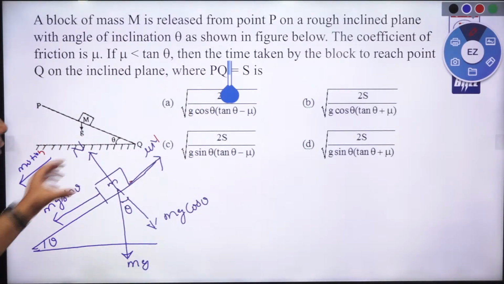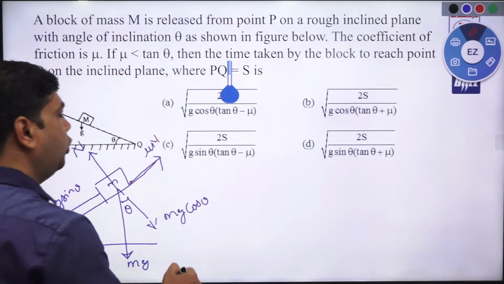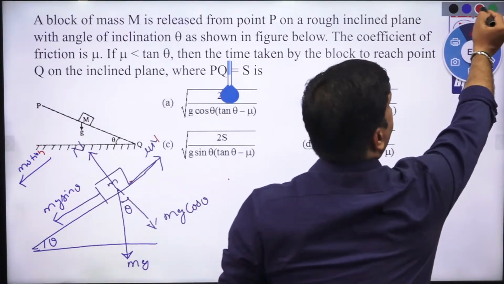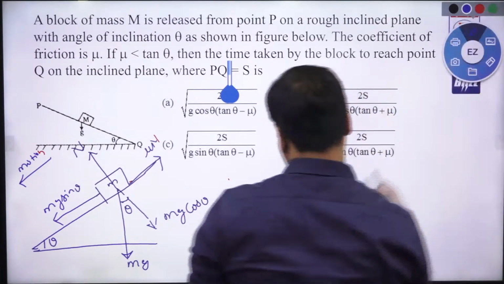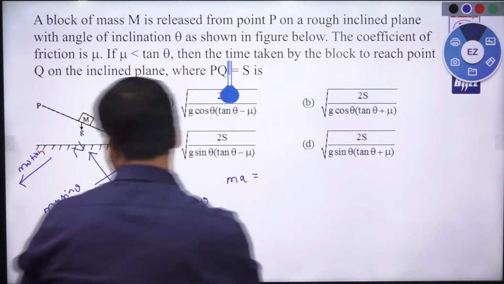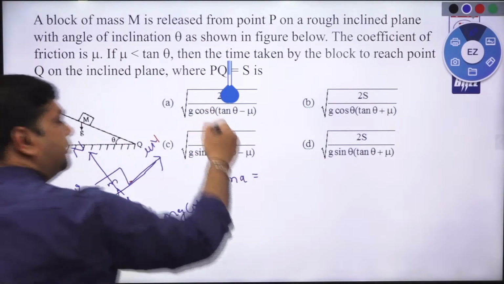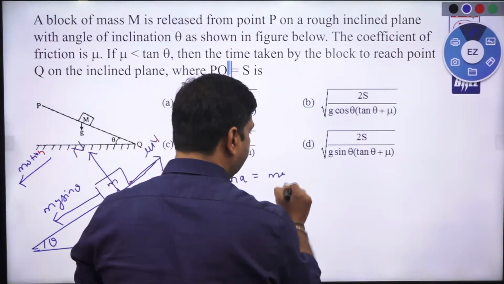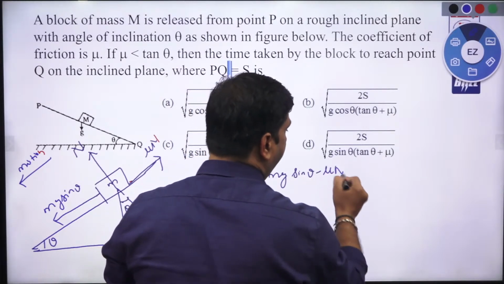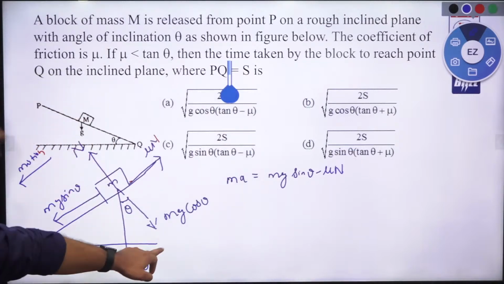Now the net force, by Newton's second law, if the motion is towards downward, equals mass into acceleration. So we can write: m into a equals mg sin theta minus mu N. We know very well N equals mg cos theta.